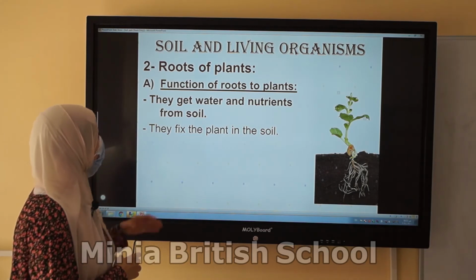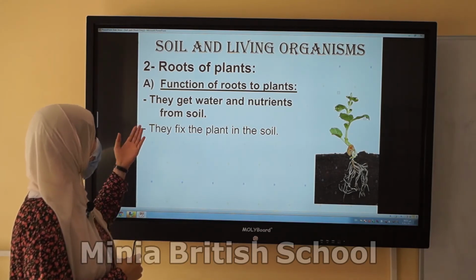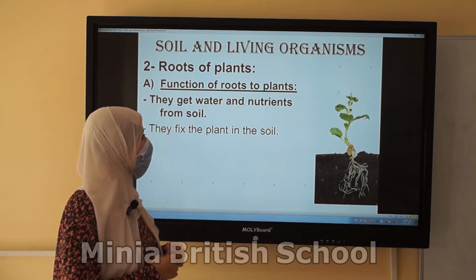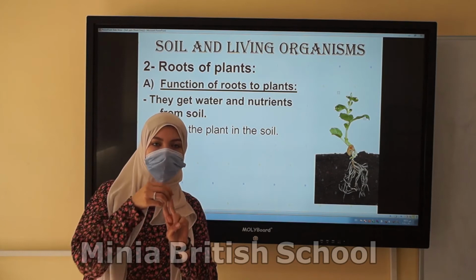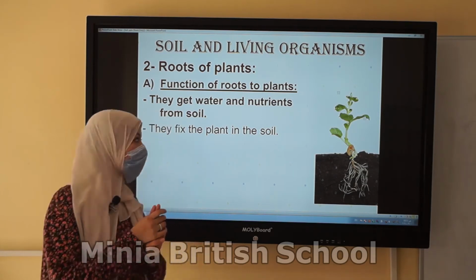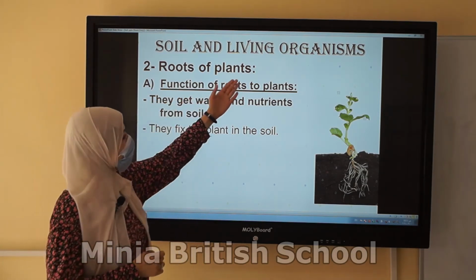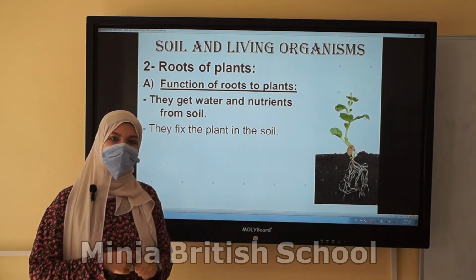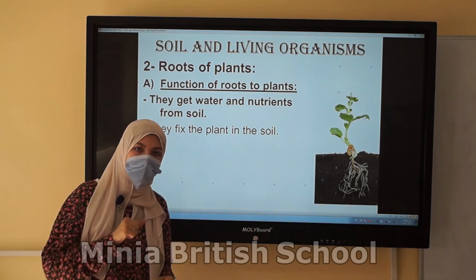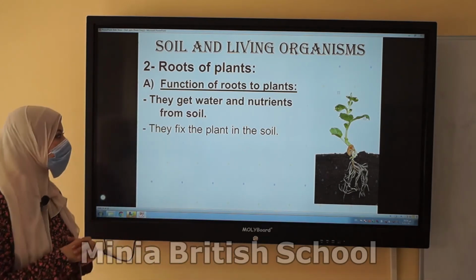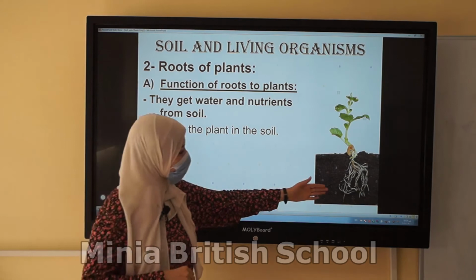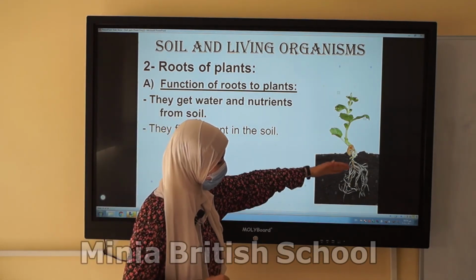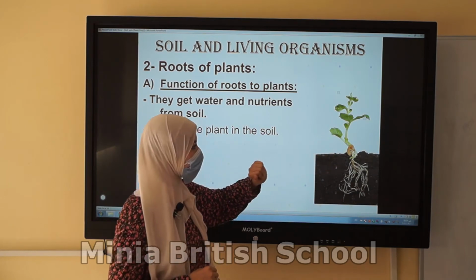What about the soil and its importance to the roots of plants? We will know the function of roots to the plant and to the soil. First, the function of roots to the plant: roots absorb water and mineral salts from the soil to the plant.